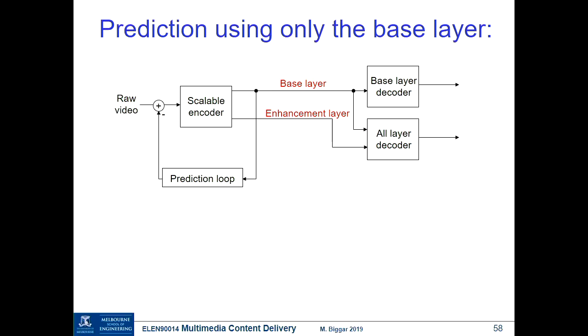The full higher quality decoder takes the base layer information, uses the base layer information to do the prediction, adds the enhancement layer information that it receives, decodes, displays, and all is good. It's doing exactly the same thing as is done inside this scalable encoder because it's only using the base layer for prediction. But the penalty we've paid here is that the encoding is not as efficient as it could be. As I said, we're not using the enhancement layer data when we're doing our prediction.